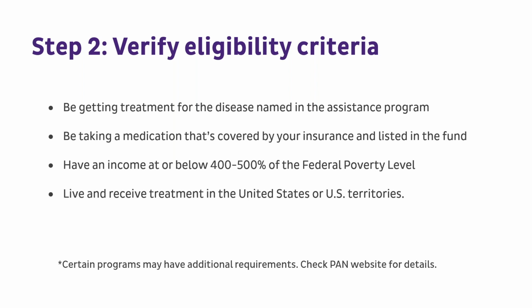To determine the federal poverty level, that can be found online. It is updated on an annual basis, and the federal poverty level is based on income as well as household size or number of people living in a particular household. So it can vary from patient to patient based on those parameters.